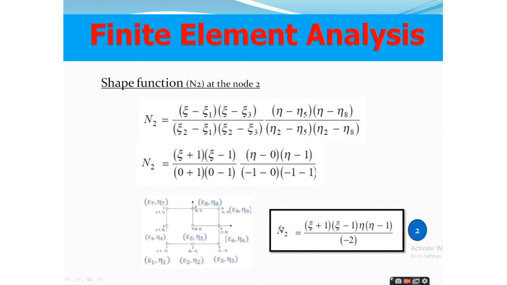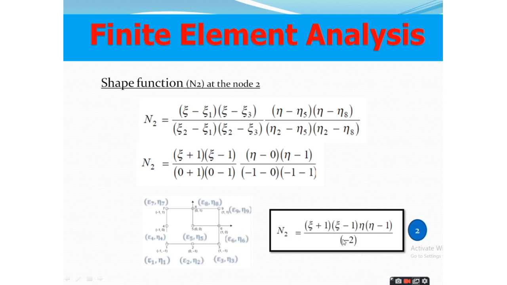The equation can then be written as N2 equal to (eta + 1)(eta - 1)(psi - 1) by -2. That's obtained by substituting the values into these equations. So please substitute with respect to your nodes and you will get this value.